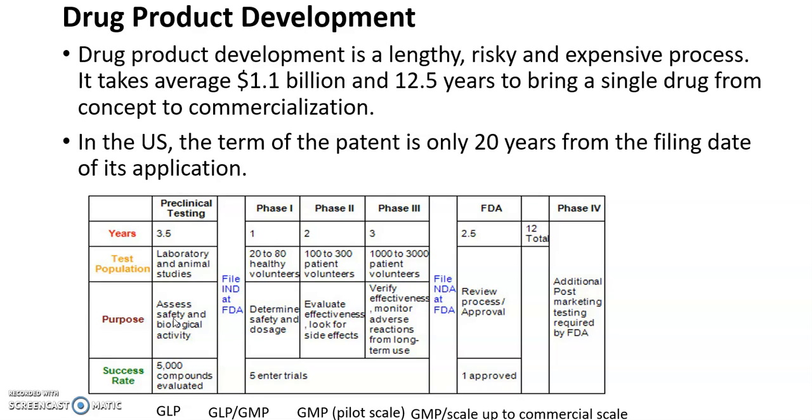And once all the data is good, you will develop a plan for your clinical trials and file an IND, investigational new drug application, with the FDA. After about 30 days, you can start your clinical trials, phase 1, 2, 3. And after phase 3, of course, you can apply for a new drug approval submission.